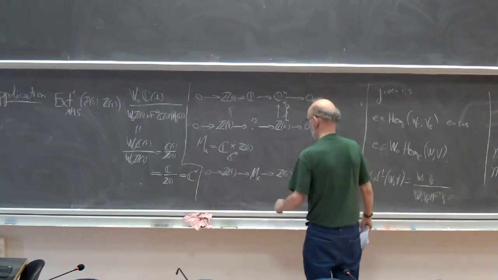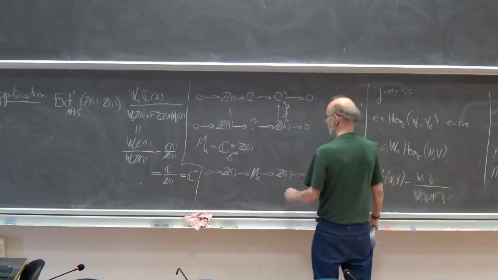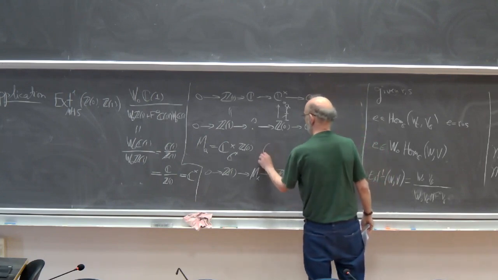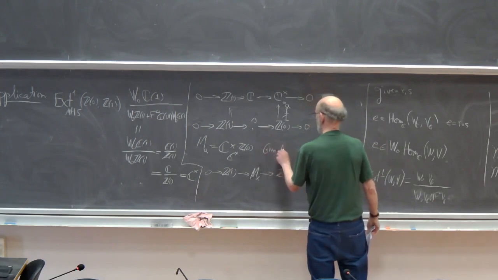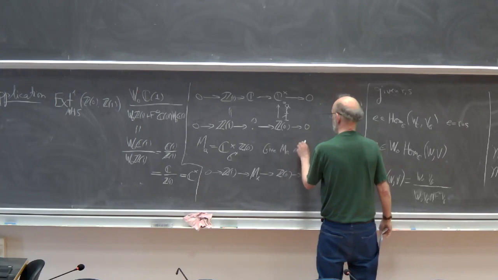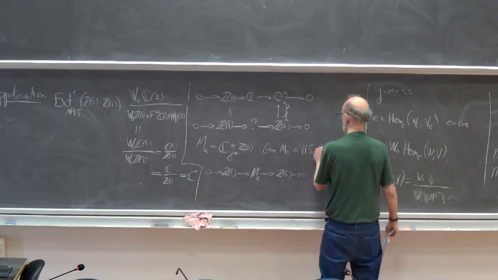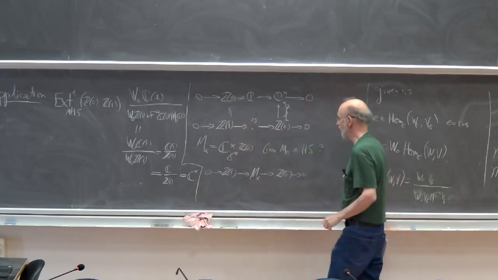So I just raised this as a question: can we give M A a Hodge structure in such a way that this is exact?